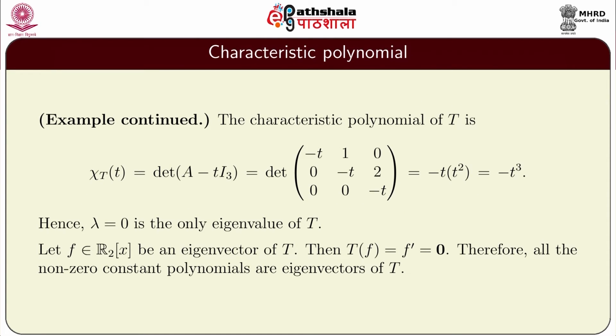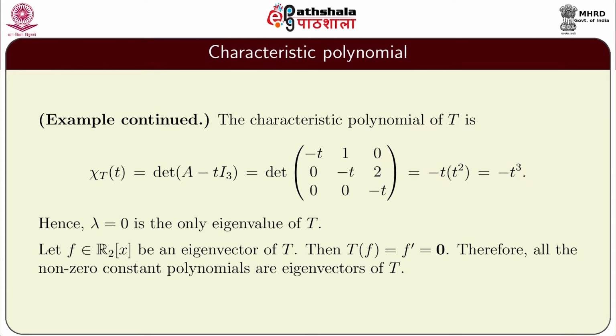Then the characteristic polynomial of T is chi T of t, that is the determinant of A minus t I3. I3 of course stands for the 3 cross 3 identity matrix, and then it is the determinant of this matrix whose first row is minus t 1 0, second row is 0 minus t 2, and the third row is 0 0 minus t, and the determinant is going to be minus t cube.